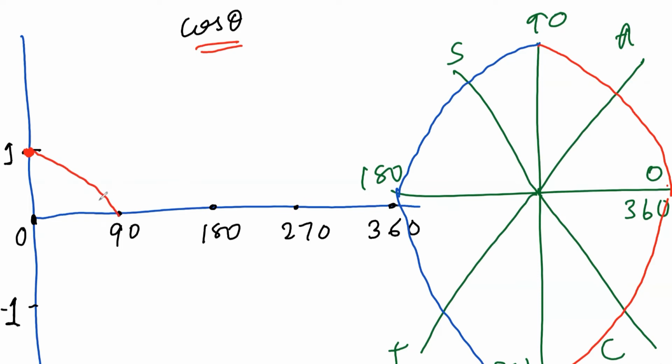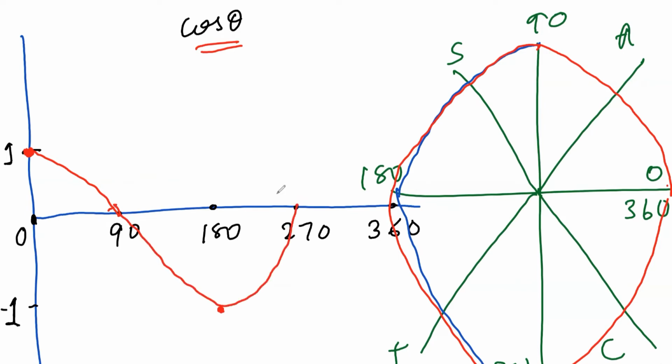Then from 90 to 180 we can see it is negative, and then till 270 it is negative. See, you can see here, right? So what we will do here, your graph should go till negative 1, correct?